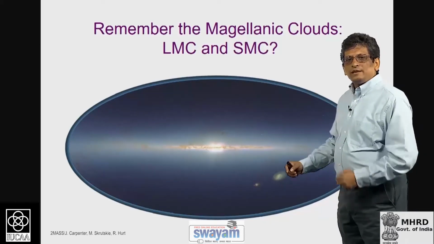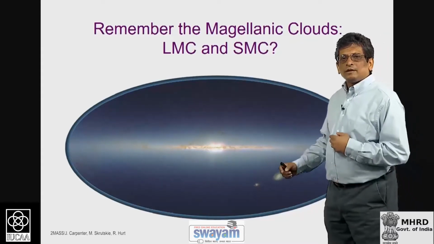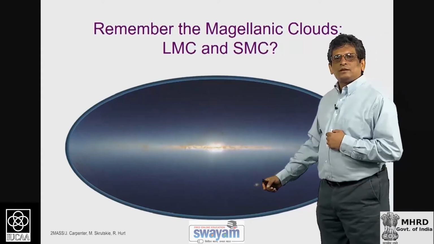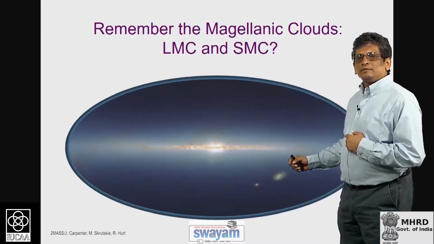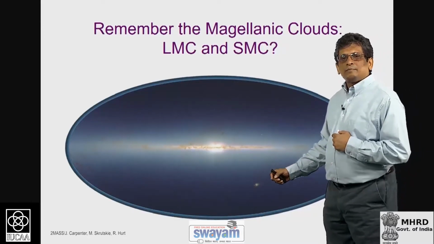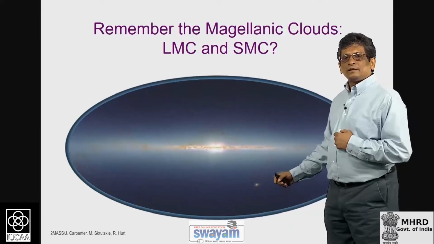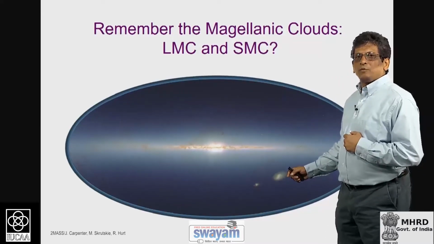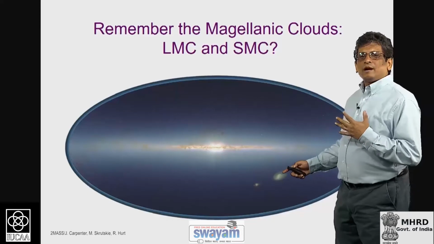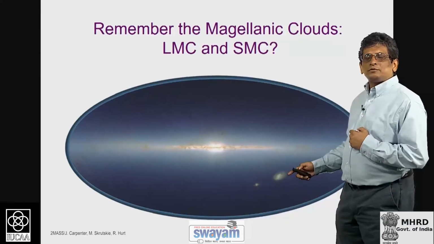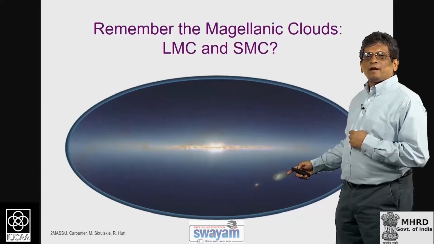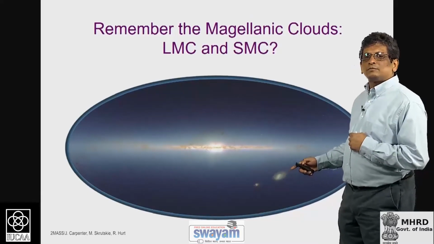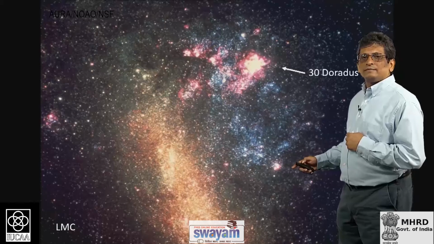And what we see here are the two Magellanic Clouds that we saw in the picture from the observatory in Chile before, just below the disk of the Milky Way. So these are our prominent neighbors, our two closest big neighbors, even though they are 100 to 1,000 times smaller than our Milky Way galaxy.